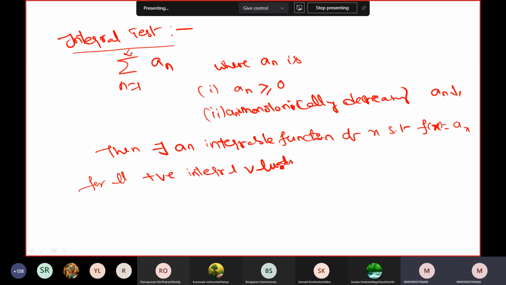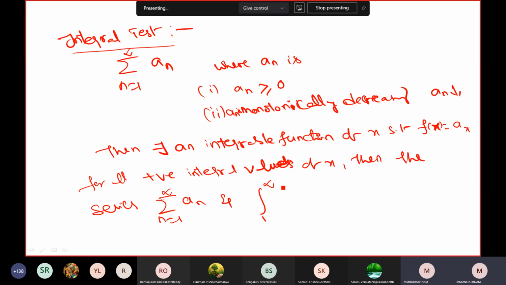Okay na? Then the series summation n equal to 1 to infinity an and integral 1 to infinity f of x dx both converge or diverge together.